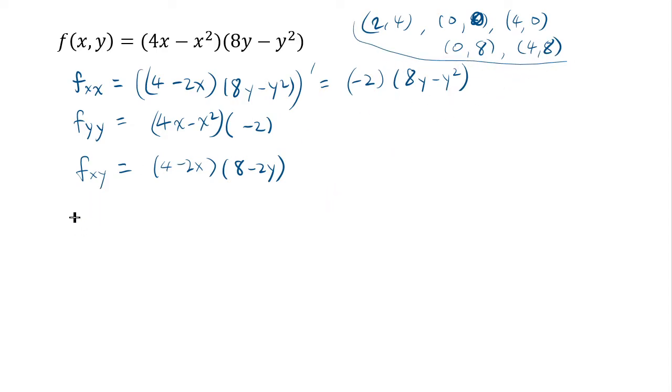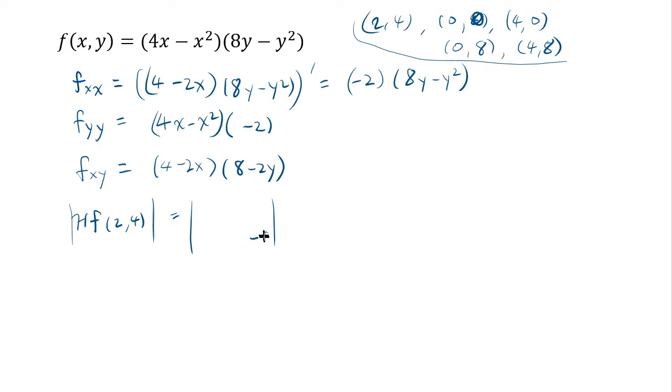First, let's compute the Hessian of f at (2, 4), and we will take the determinant of it. When you plug in 2 into x, this is going to be 8 minus 4, so that'll be 4 times negative 2.